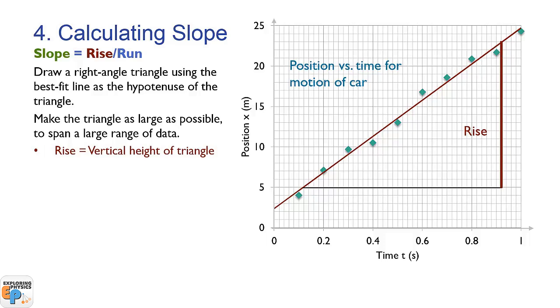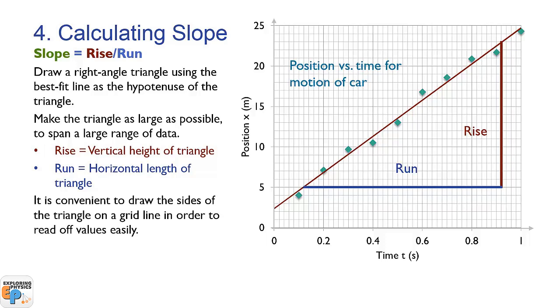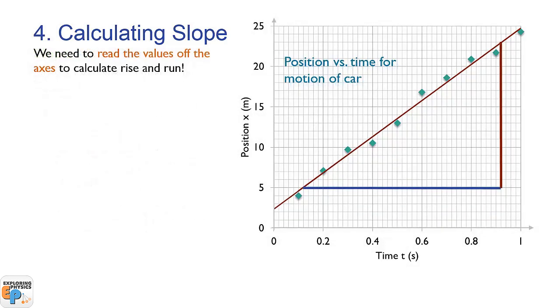The run is the horizontal length of the triangle. It's convenient to draw the sides of the triangle on a grid line so that we can read off the values of the rise and the run easily. We will need to read the values of the axes to calculate the rise and the run.